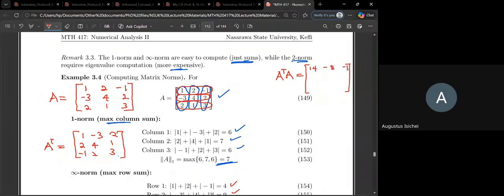It is the column I'm calling, sir. The first column is 14, minus 8, minus 1. The second one: minus 8, 21, and 9. The third one: minus 1, 9, and 14.